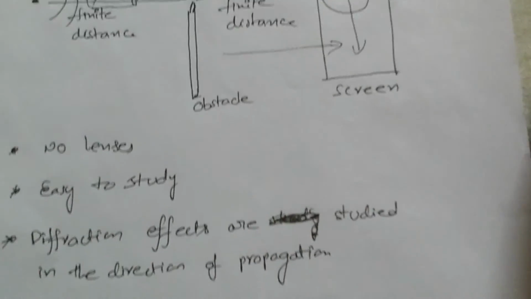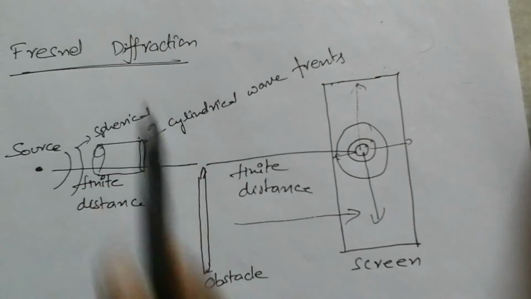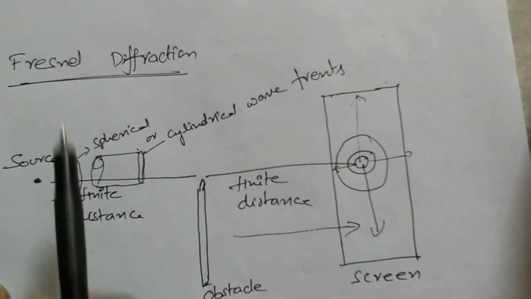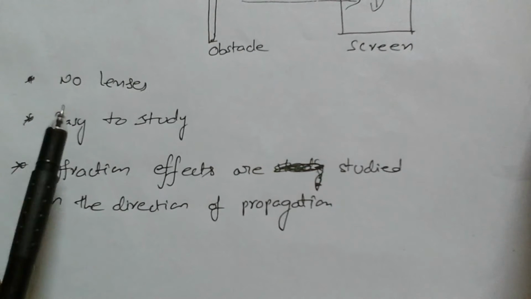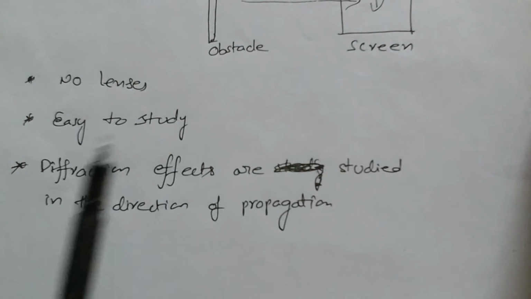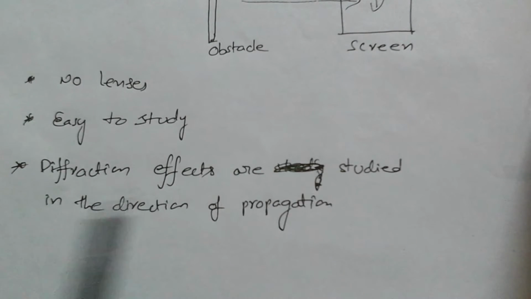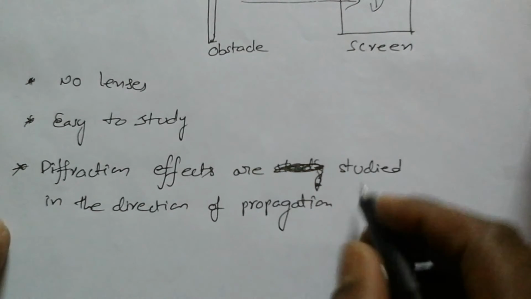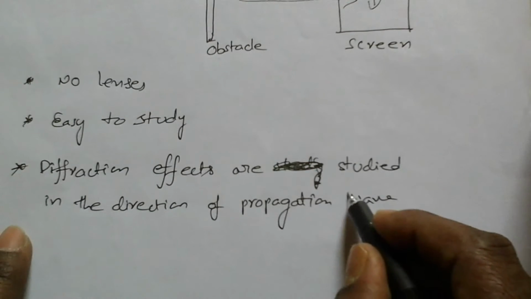Some important points of Fresnel diffraction are: in this diffraction, no lenses are used, so it is easy to study. Diffraction effects are studied in the direction of propagation of the wave.